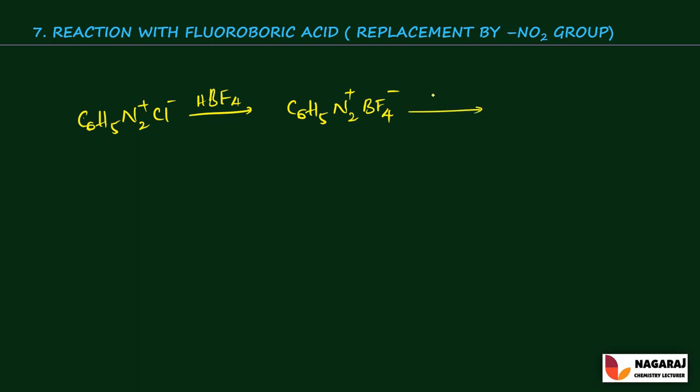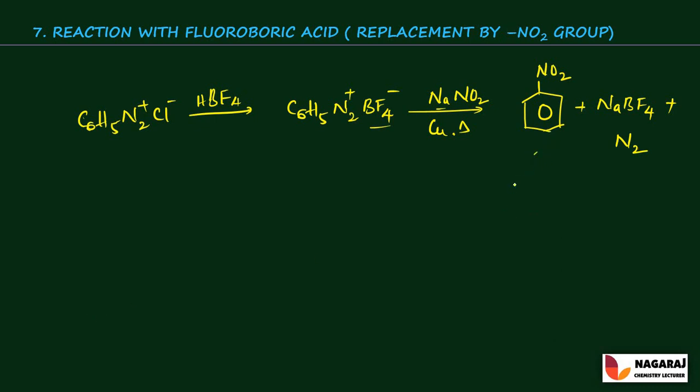It reacts with sodium nitrite, NaNO2, in the presence of copper on heating. So there is a replacement of the diazonium group with the NO2 group, plus the byproducts: sodium combines with BF4 to give NaBF4, plus N2 gas is eliminated. The product is called nitrobenzene.